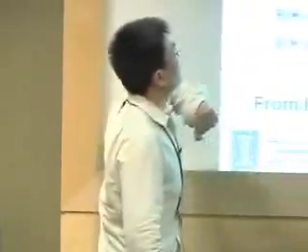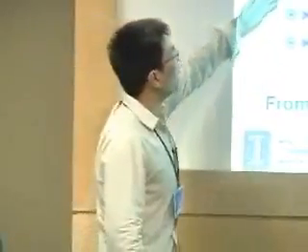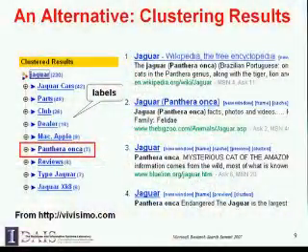Here on the left side are the generated cluster labels. When people do a search, they can look at these cluster labels and decide which one is relevant to their information need. Once they feel a cluster is relevant, they can click on one of these labels, and the result will change to show just the results in this cluster.